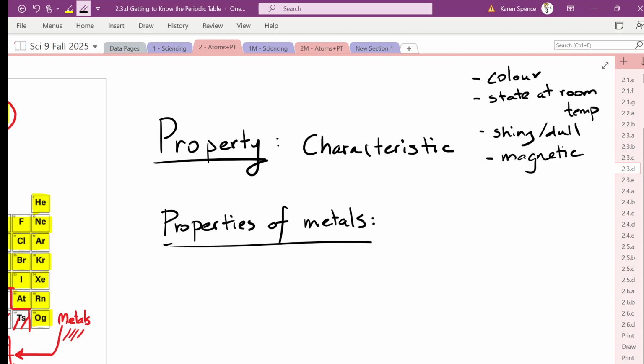What do you guys think? What is one property of metals? Let's hear from someone I haven't heard yet from today. They're all solid at room temperature. There is one exception. Does anyone know what it is? Mercury.